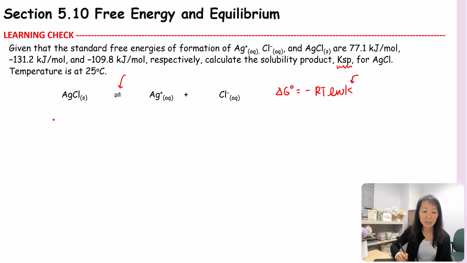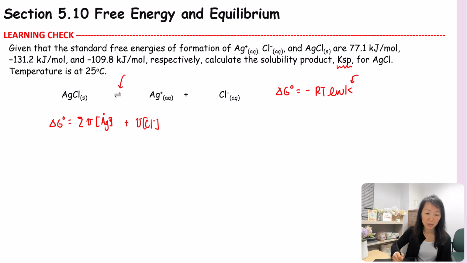And remember that delta G naught is equal to the summation of the coefficient of the product. So my product here would be silver and plus the summation with the coefficient of chlorine. Okay. And then we would get, hold on a sec.